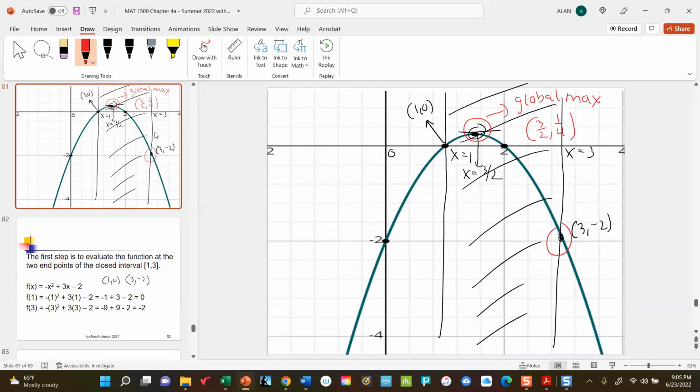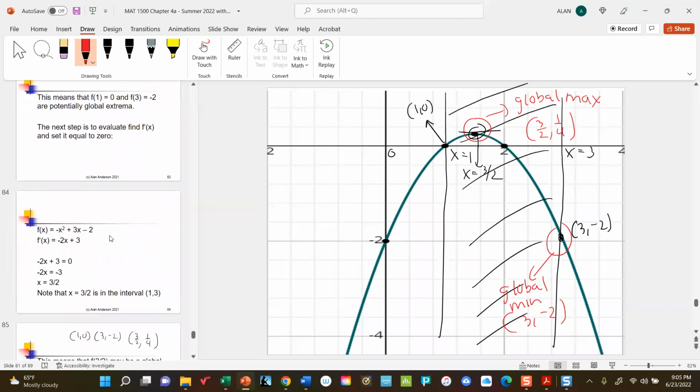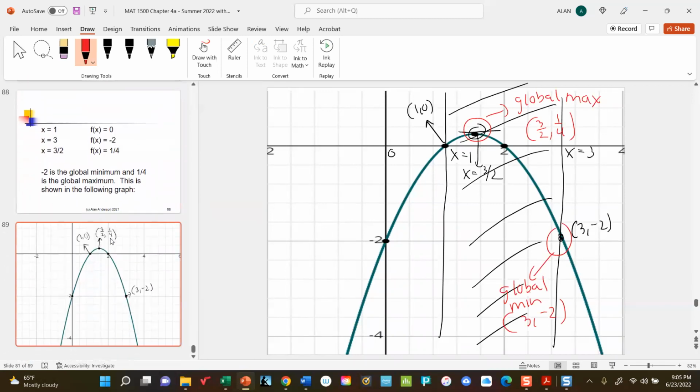And this would be our global minimum. So there we are. So we're done with it.